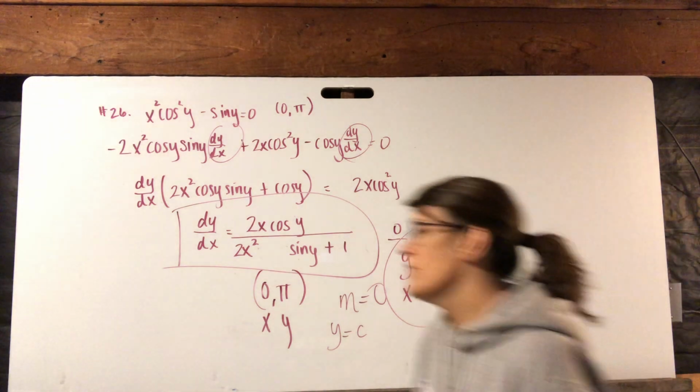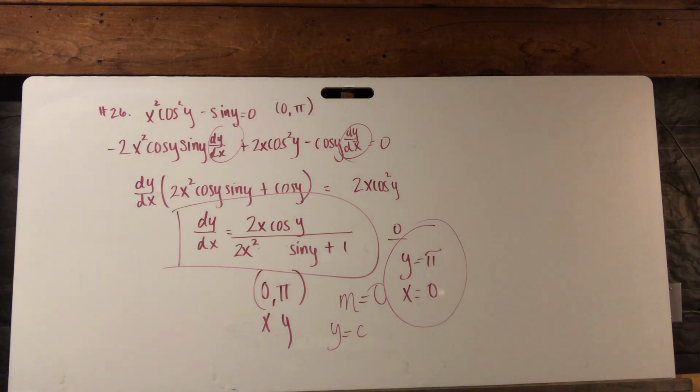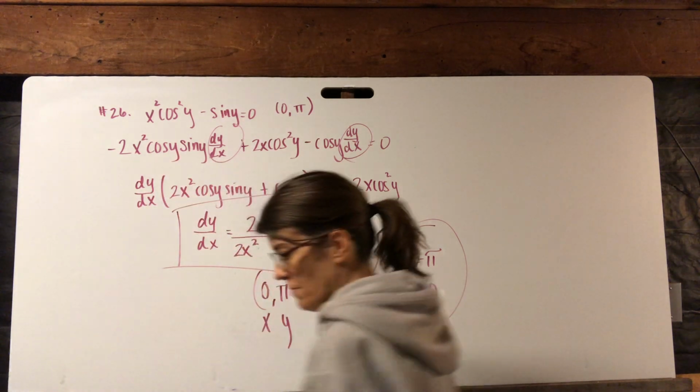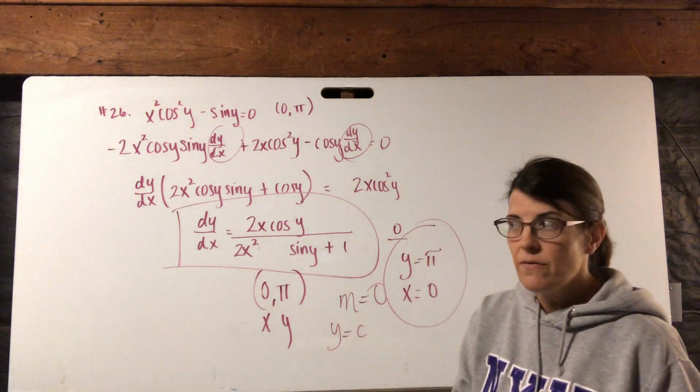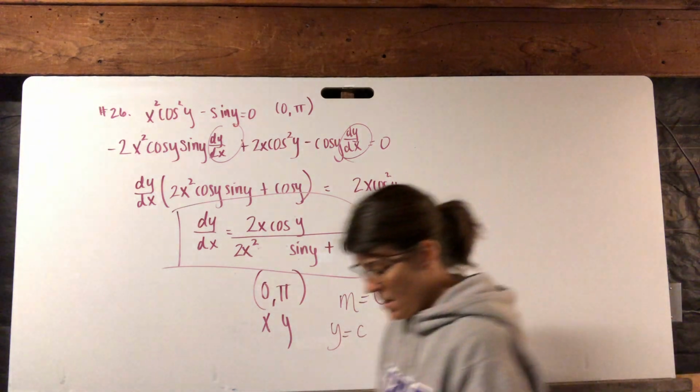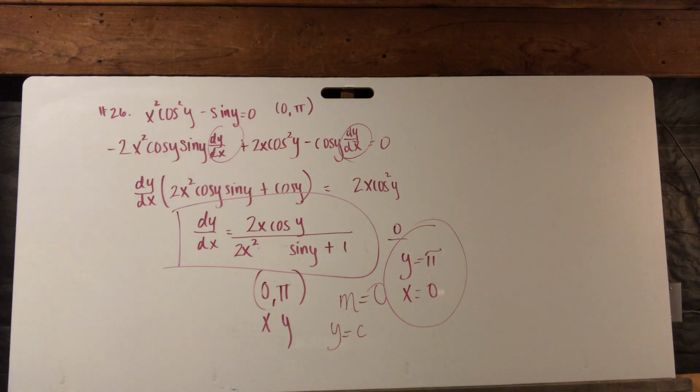All right, I'm going to do one more, a second higher order derivative. We're going to do one higher order derivative, and that will be it. Okay, I'm going to do number 40.